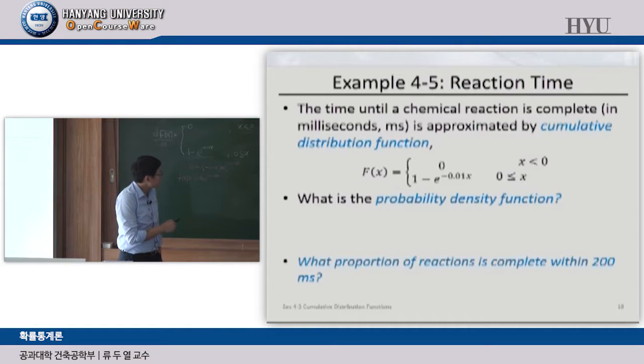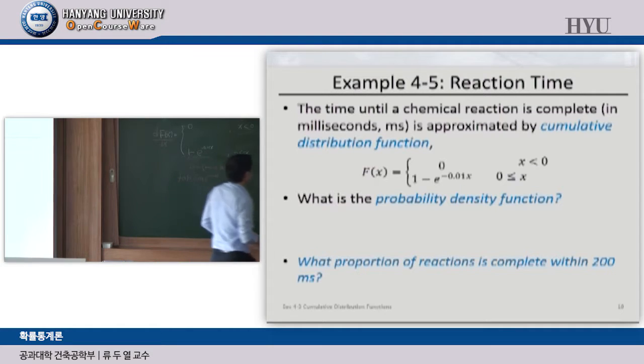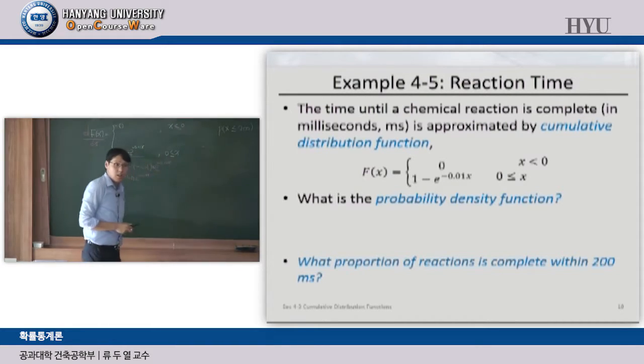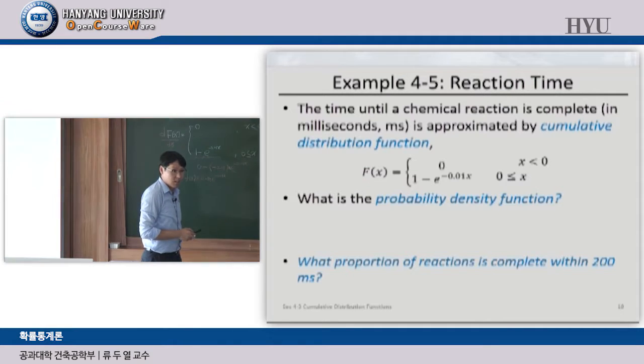And this is just the cumulative distribution function, right? So this can be written as large F(200). Okay?